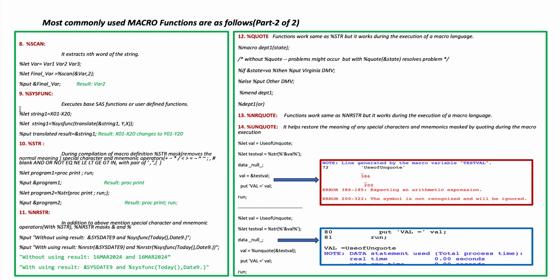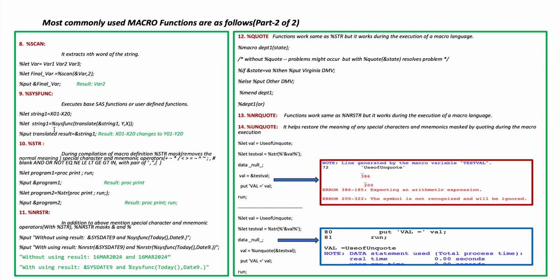Number 9, %sysfunc. %sysfunc executes base SAS functions or user-defined functions. Suppose we have a macro variable string1 and its value is x01-x20, and we are going to change x to y. Then we use the base SAS function translate with %sysfunc, because without using %sysfunc, translate cannot be applied.